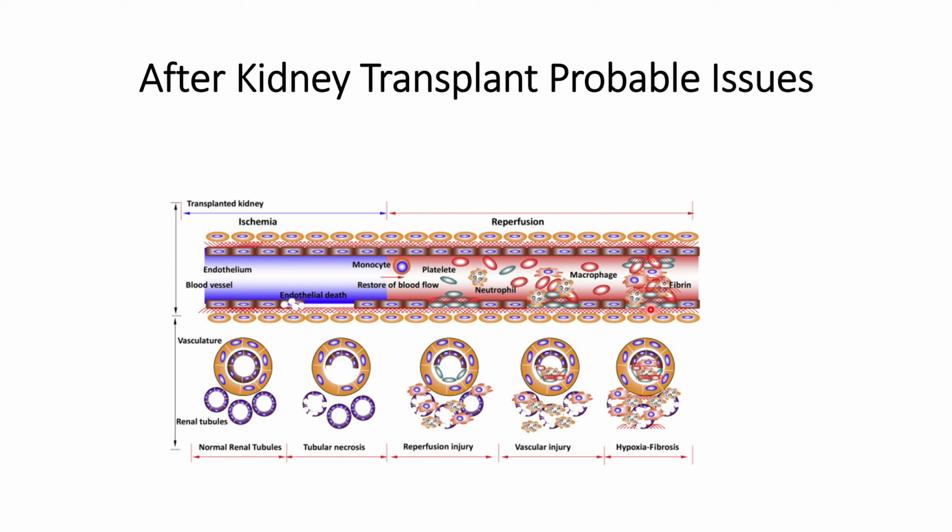This means it will lead to new blood vessel formation, so instead of blood flowing directly, it will be directed inside the endothelial layer. In the long term, this will cause a shortage of blood within the transplanted kidney.